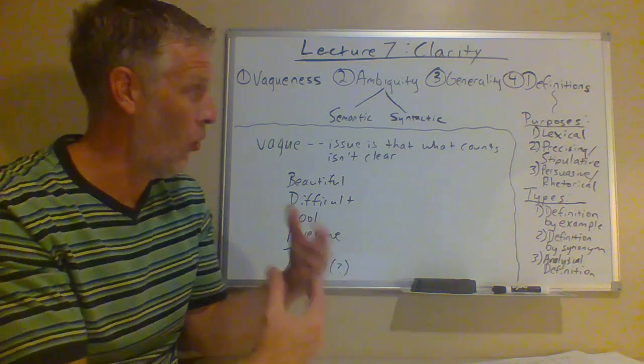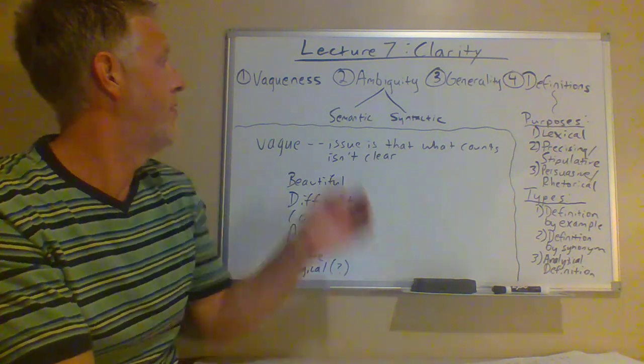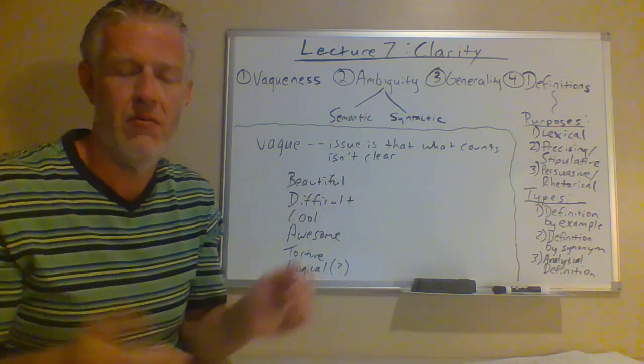A lot of what we're going to discuss in this lecture is really straightforward. For example, vagueness, we'll spend a couple slides covering that, and that'll be it, and we'll move on.